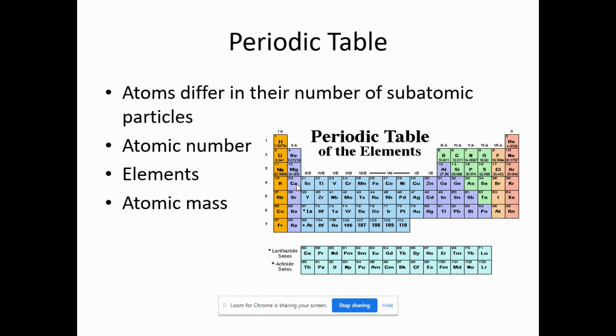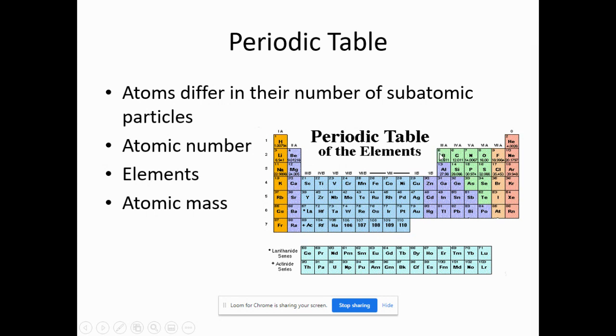Atomic mass is the total of all the subatomic particles: protons, neutrons, and electrons. But the electrons weigh so little that it's basically the sum of the protons and neutrons. So know the difference between atomic mass and atomic number.